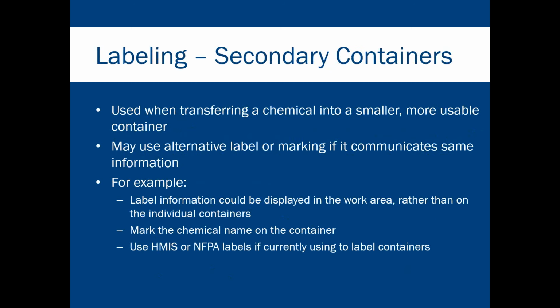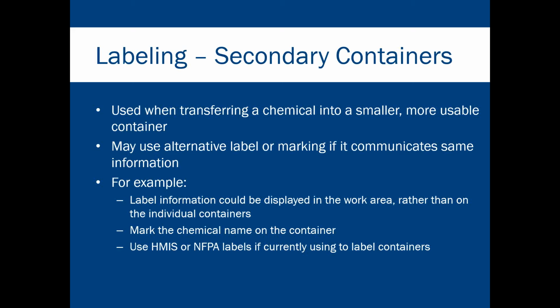Secondary containers. Secondary containers are those small containers you use in your day-to-day work. So instead of using chemicals directly from a drum or a tote, you transfer them into a small container that's more mobile for you. The good news is you do not have to put a GHS label on these small containers. They're giving you alternative methods to do this. Say you have a group of people that work with one particular chemical.